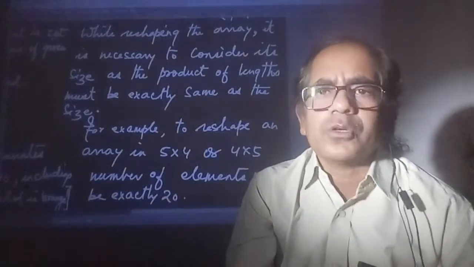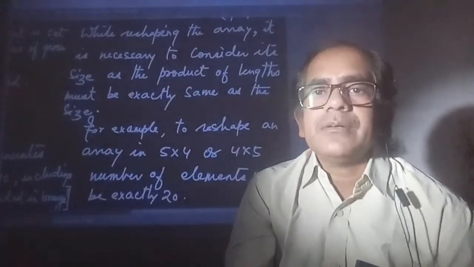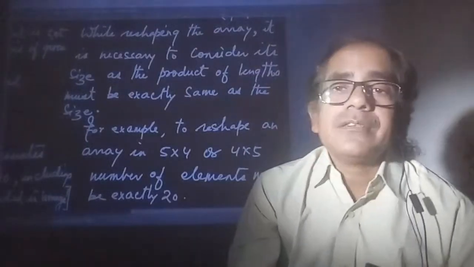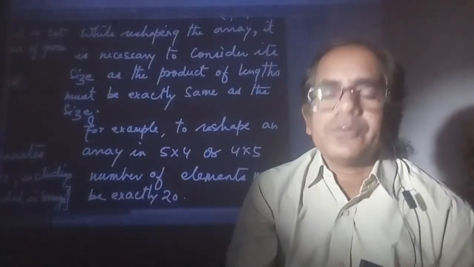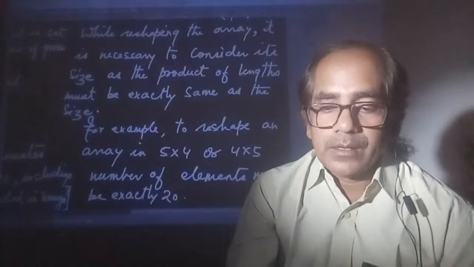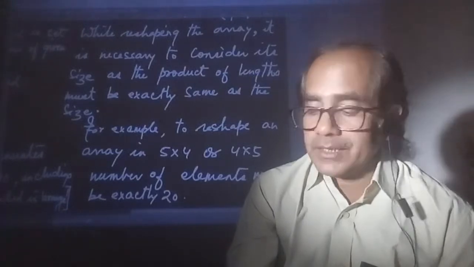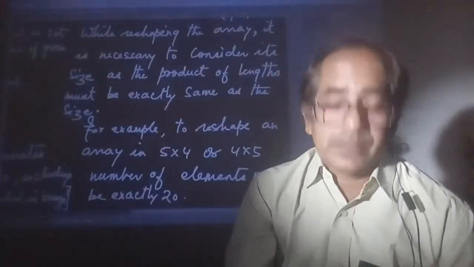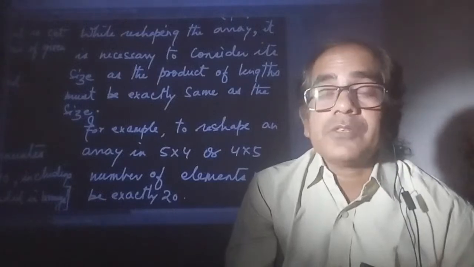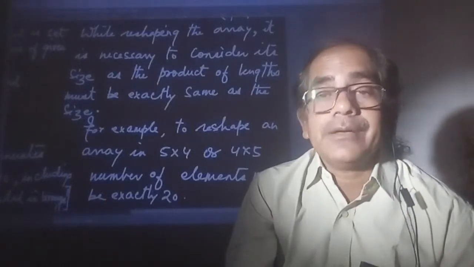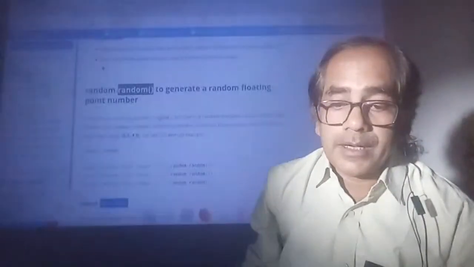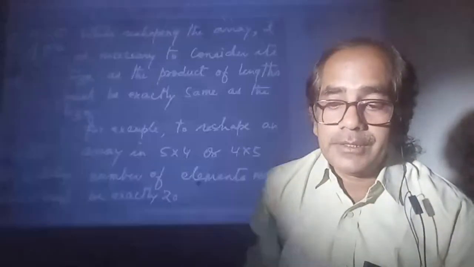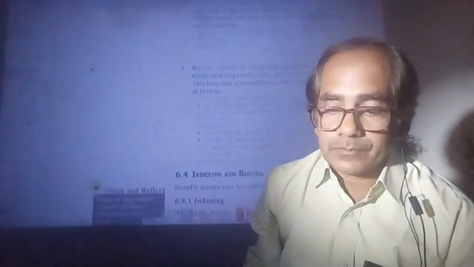Whatever I wrote, I will send soon after this class, so referring to all those, the things will be clear to you. Don't worry. And once you get it, you will read about linspace and arange and reshaping of ND array in your book. Here it is mentioned.